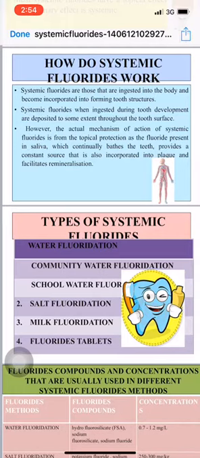Types of systemic fluoride. What are the types of systemic fluoride?